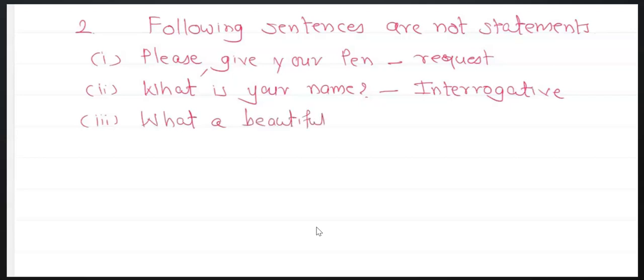What a beautiful place it is! It is exclamatory. Therefore, it is not a statement.